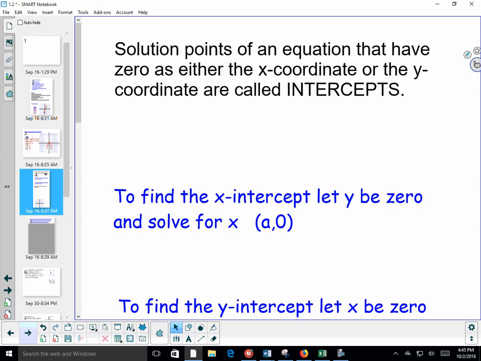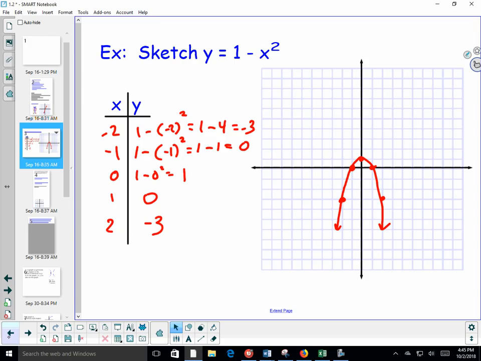Solution points of an equation that have 0 as either the x-coordinate or the y-coordinate are called intercepts. If we go back and look at the graph we just did, what were the intercepts? We have this point right here and this point right here. Those would be the x-intercepts.